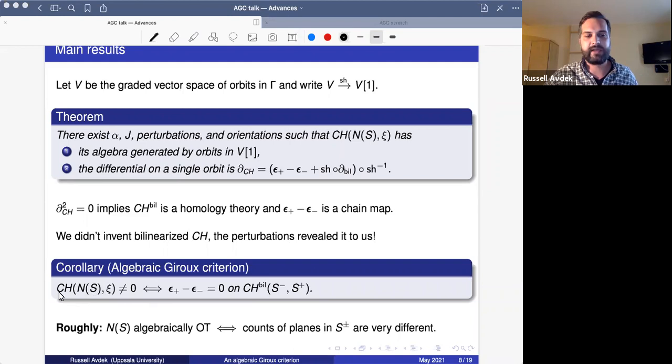The statement is that the contact homology of our neighborhood of our convex hypersurface is non-zero if and only if the count epsilon plus minus epsilon minus is 0 in the bilinearized contact homology. Roughly, the neighborhood of the convex hypersurface is algebraically over-twisted if and only if the counts of holomorphic planes in the positive and negative regions are sufficiently different.